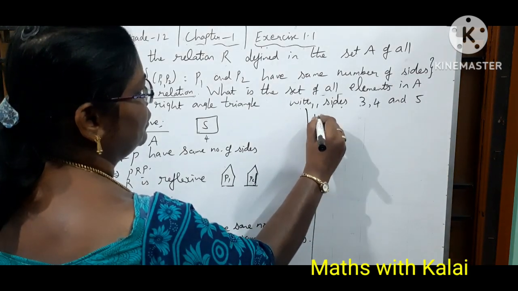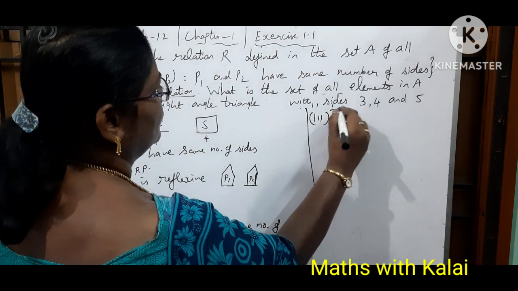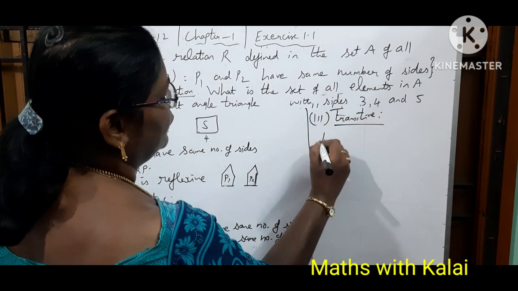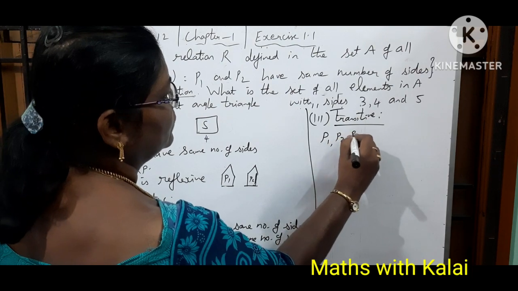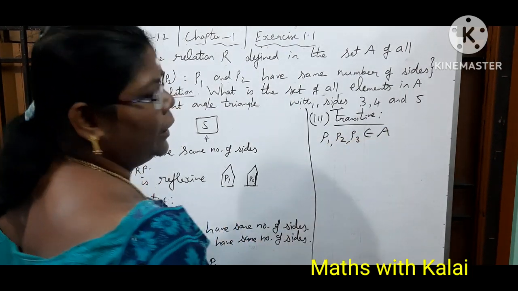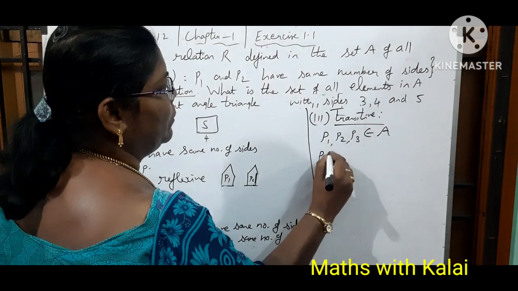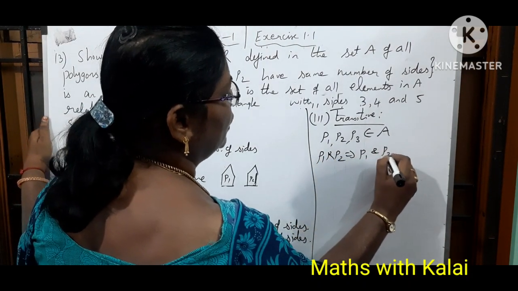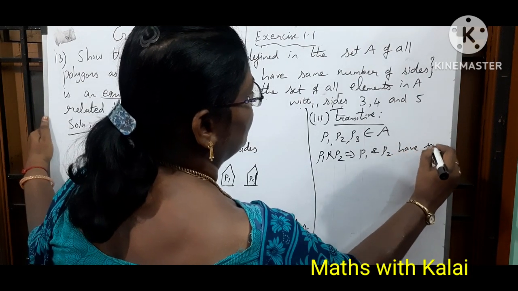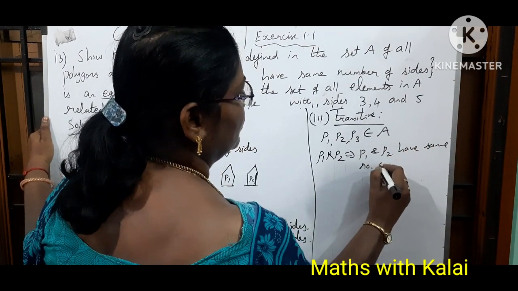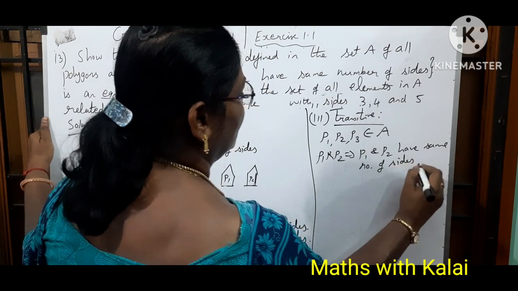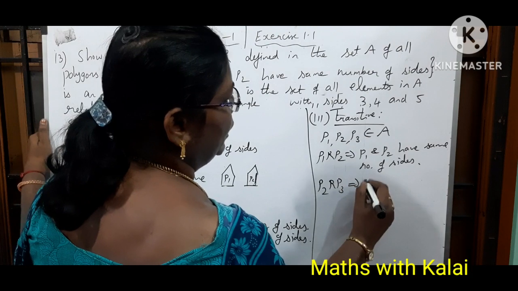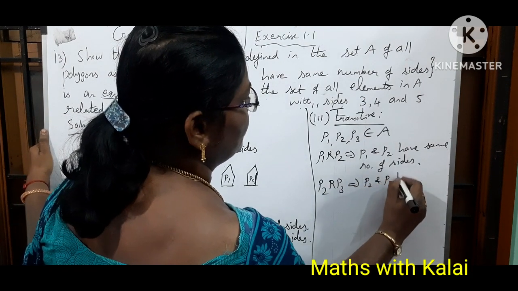Coming to the third part, transitive. Here we need to consider 3 polygons, all belonging to the set A. We assume that P1 is related to P2, which means P1 and P2 have the same number of sides. Then I assume P2 is related to P3, which implies P2 and P3 have the same number of sides.